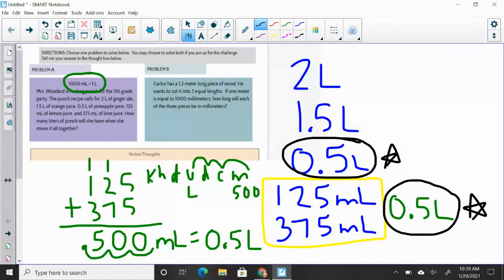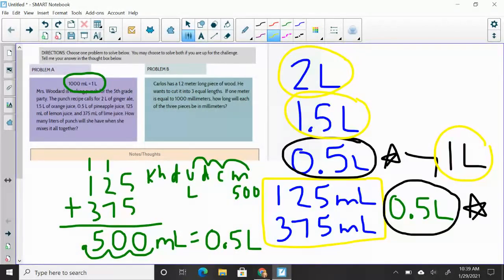So together, that's going to be 1 whole liter. Okay, so those combined equal 1 liter. And then all I have to do is add 2 plus 1, which is 3, plus 1.5, which is 4.5 liters. So 4.5 liters.